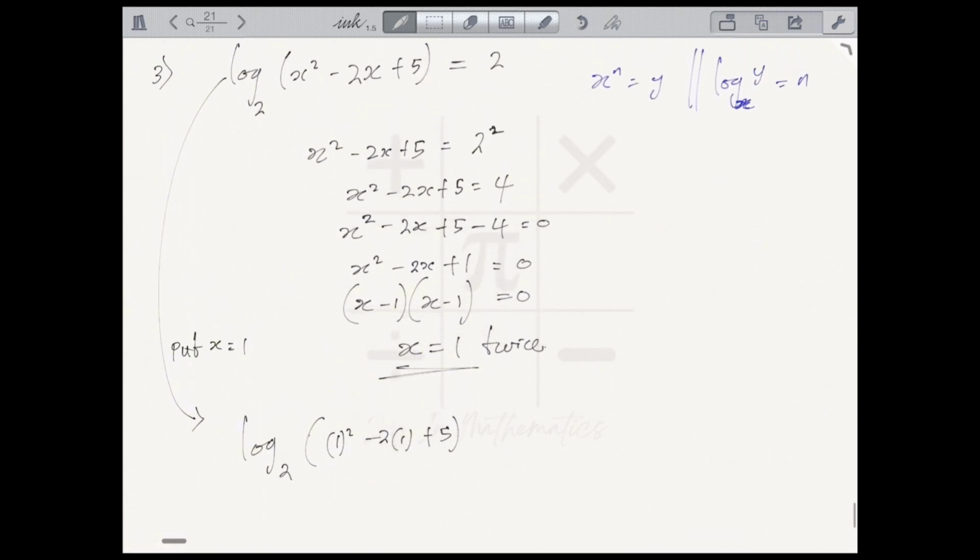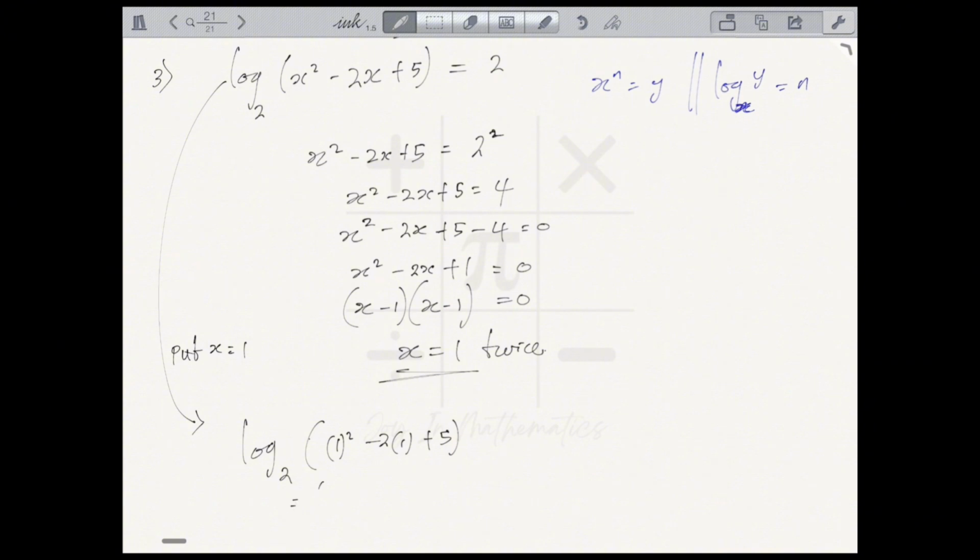Therefore, this implies that we have log of 1 squared is 1, minus 2 multiplied by 1 is minus 2, plus 5, all to base 2. Now, this is going to give us 1 minus 2 plus 5 is 4. So we have log 4 to base 2.